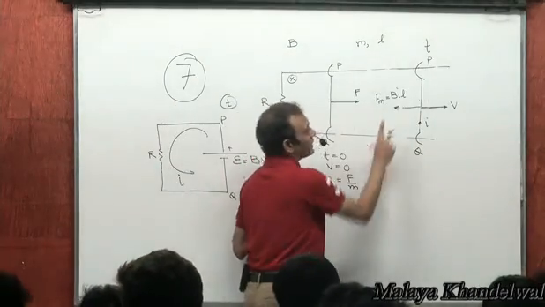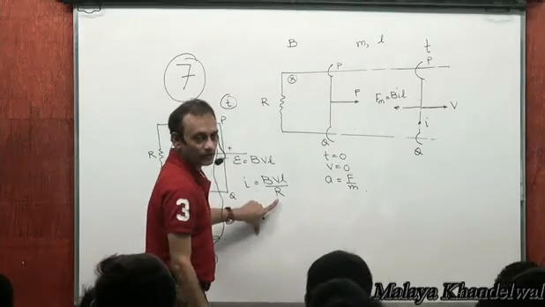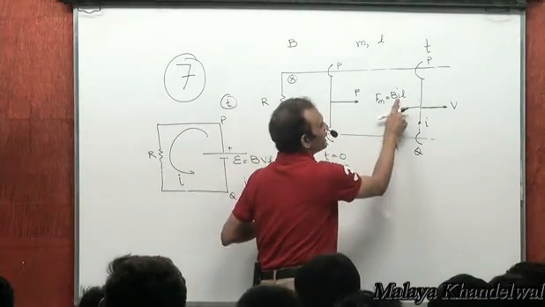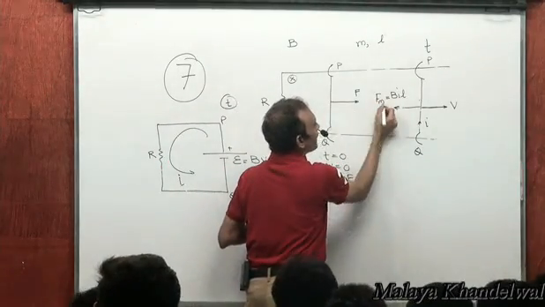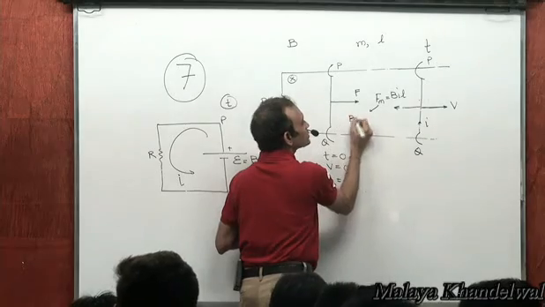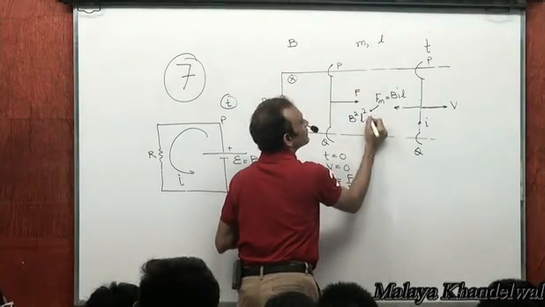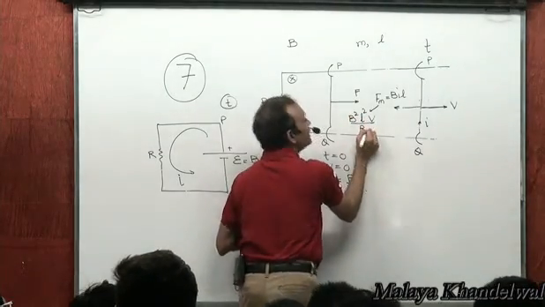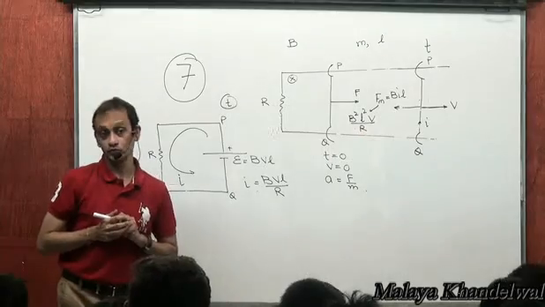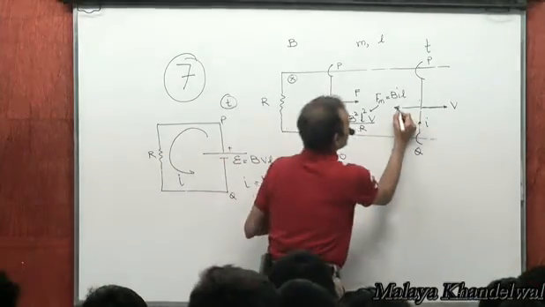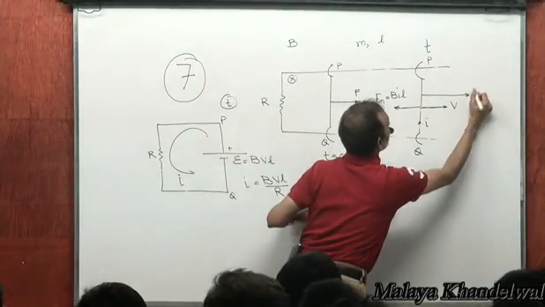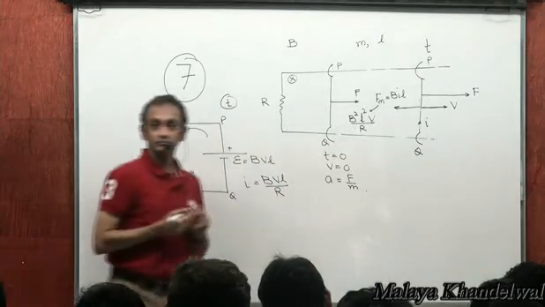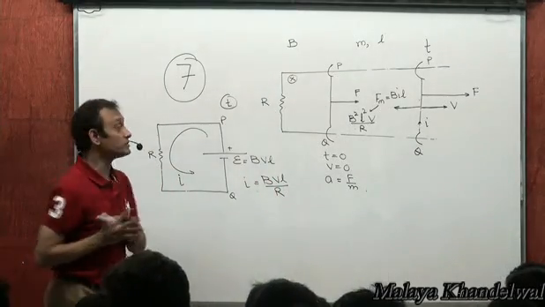Now BIL means I is BVL by R. So replace this I by BVL by R. You get this magnetic force as B squared L squared V by R, the leftward magnetic force, right? There is already an external force F acting.